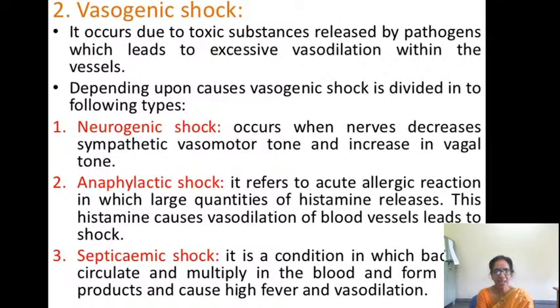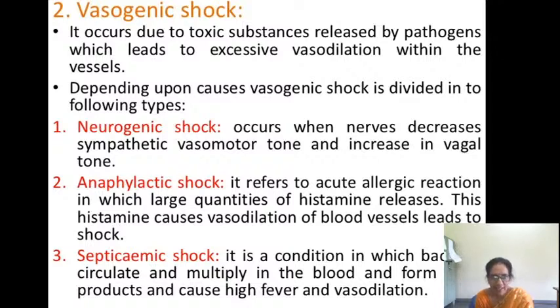Anaphylactic shock refers to an acute allergic reaction in which large quantities of histamine and histamine-related substances are released due to allergy. These substances will cause vasodilatation, so this will decrease your peripheral resistance. Because of this vasodilatation, there will be increased capillary permeability.